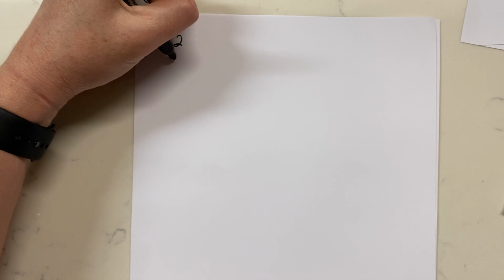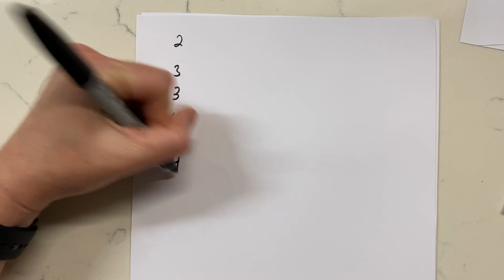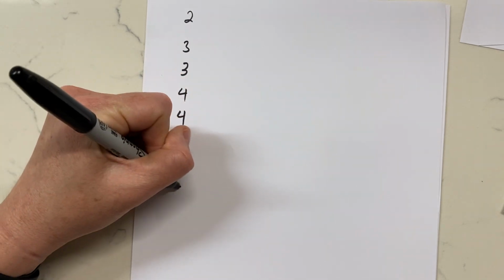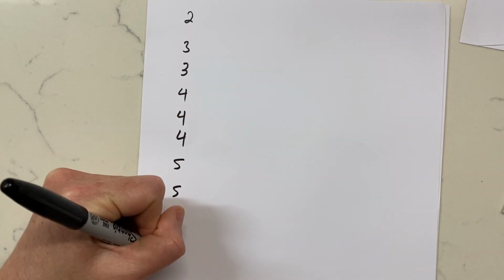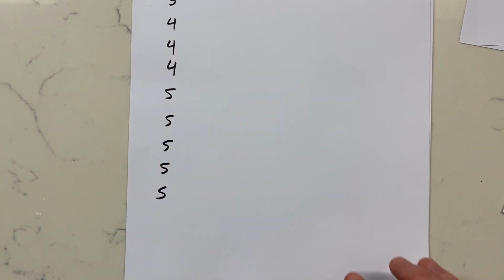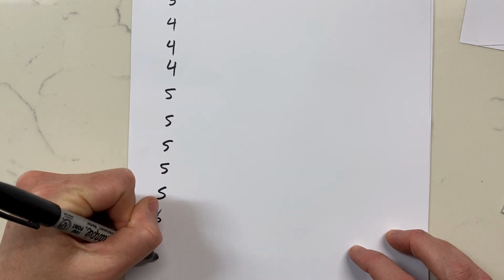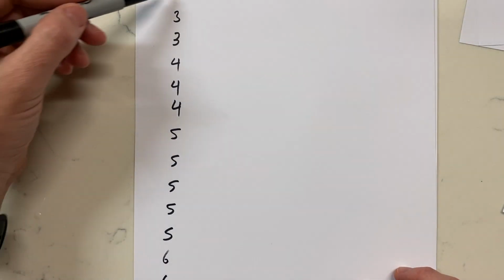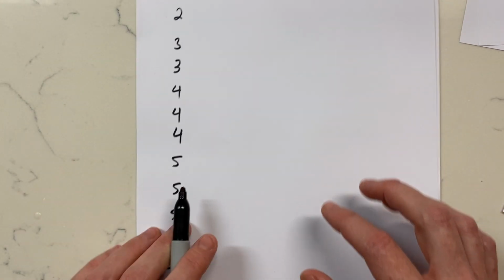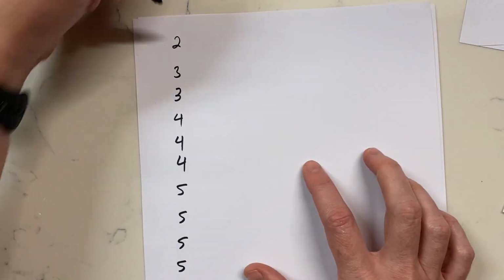It usually starts with 1, 2, 2 3s, 3 4s, 4 5s, and then to make sure the pattern gets thrown off, we're going to only put 3 6s. Okay, so we got 1, 2, 2 3s, 3 4s, 4 5s, and 3 6s because we like to mess with you.